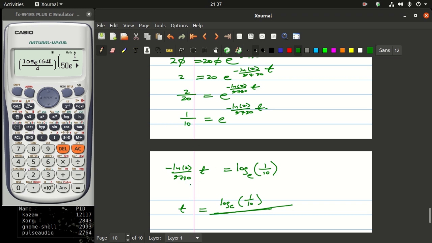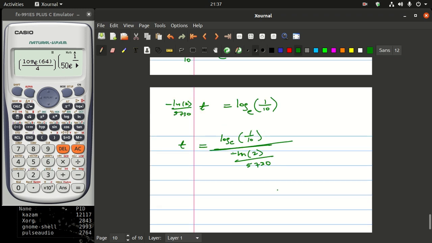You can even cross multiply if you want to, but I'm not going to do that. Now if I'm dividing by this, I'm changing the division to multiplication. When I'm doing that, I can switch these two around. So I'm going to have log e of 1 over 10 times 5730 all over ln of 2, which is negative.